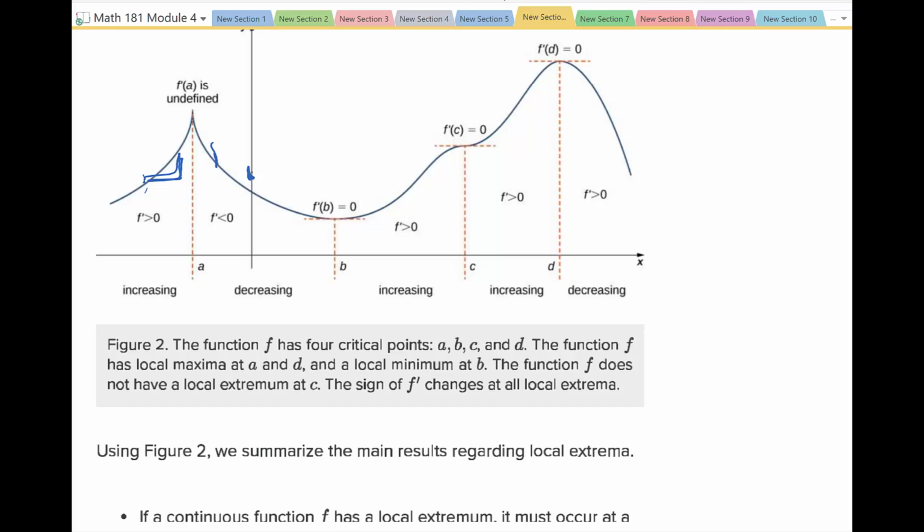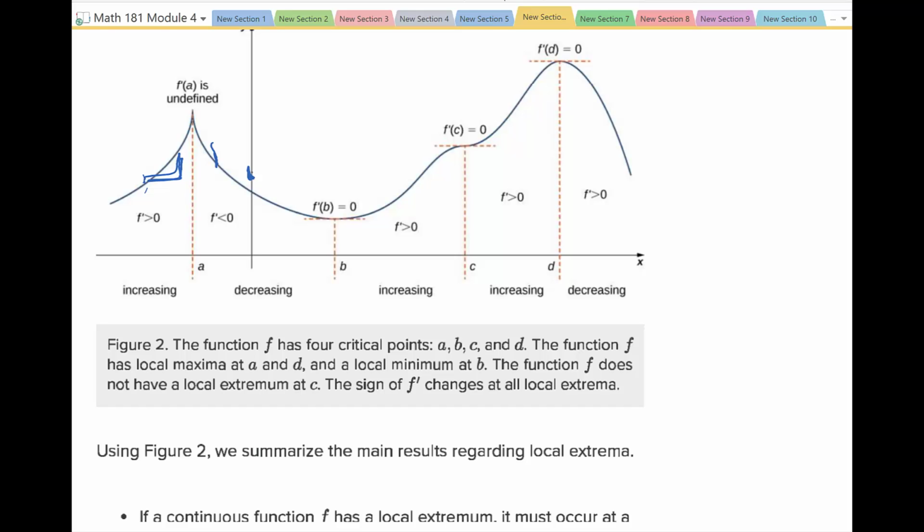Our f prime of x is negative 6x squared plus 84x minus 240. So it seems really extreme, but you can factor a negative 6 out here, and you end up with x squared minus 14x plus 40 equals 0.